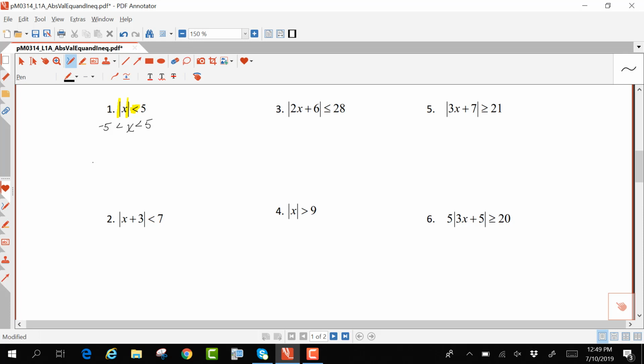So I'm going to go straight now to graphing it, and here's where you're going to see that this represents many solutions. So I need to make sure that my 5 is on my number line, and so is my -5. X is between -5 and 5, so I draw a line all the way across from the -5 to the 5, and the less than symbol indicates using parentheses.